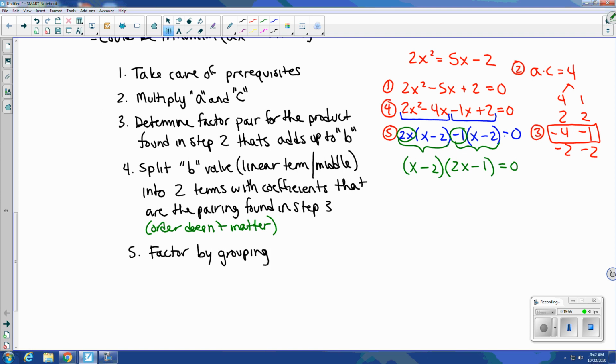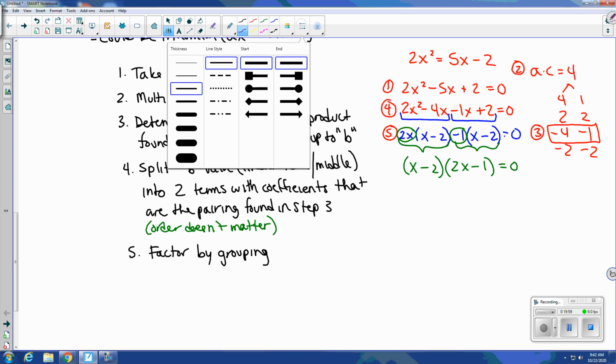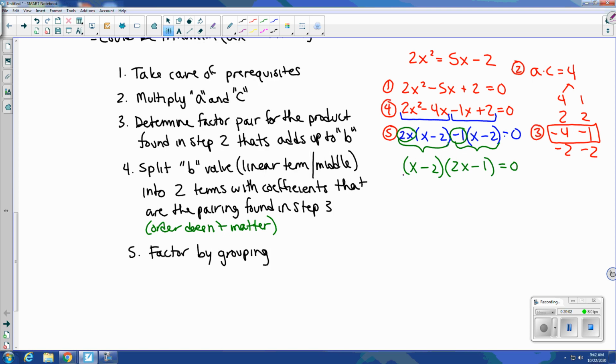Now, what does this do for us? First, this here is the factored form of our original equation, 2x squared minus 5x plus 2. That is the factored form. We broke down that quadratic into a product of two lesser degree terms. The quadratic is degree 2. You'll notice that each term in here is of degree 1.